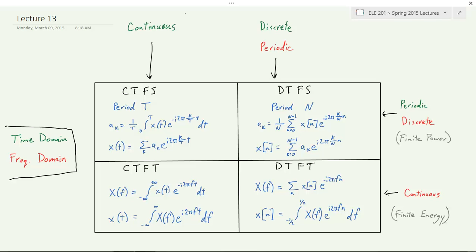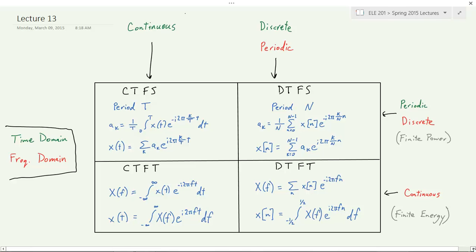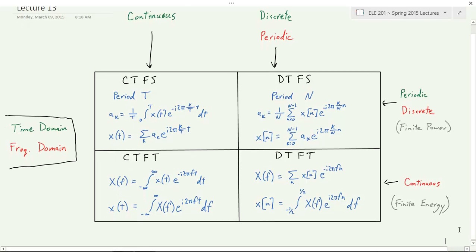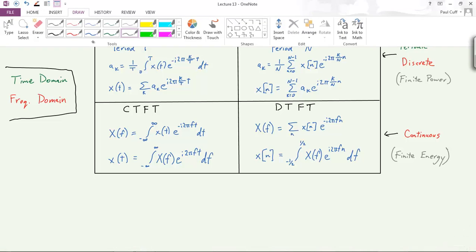And that wouldn't be handled well with the Fourier transform. It should be finite energy. Although we're going to see that, for some cases, we have a way of tricking the math and actually handling periodic signals with this Fourier transform.